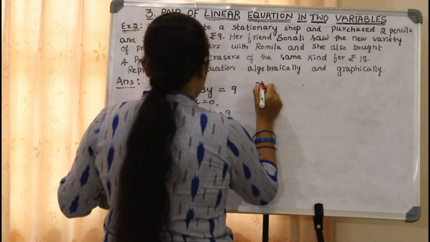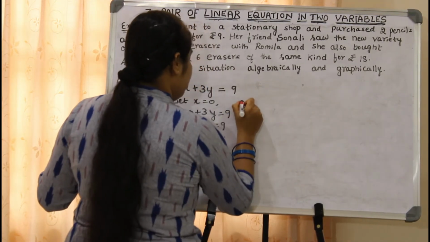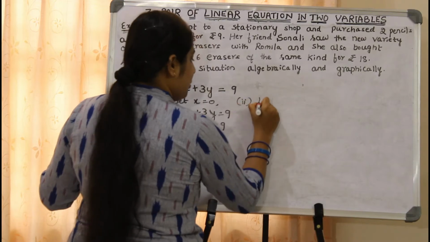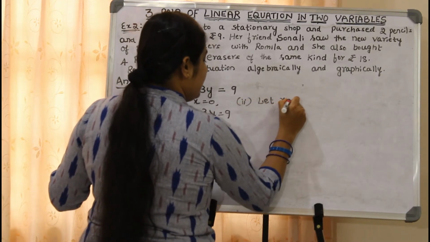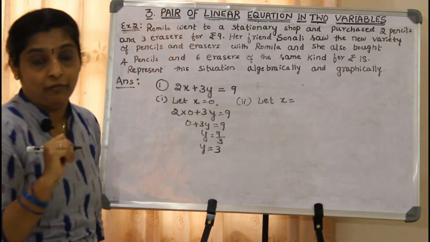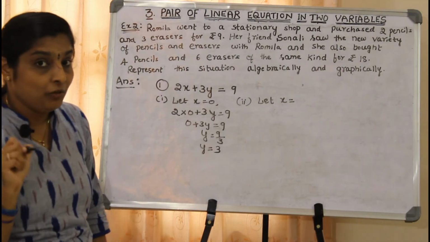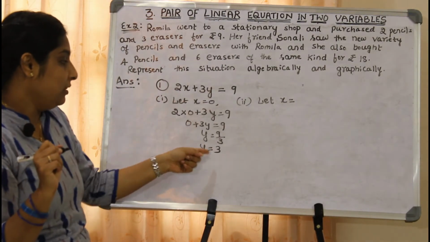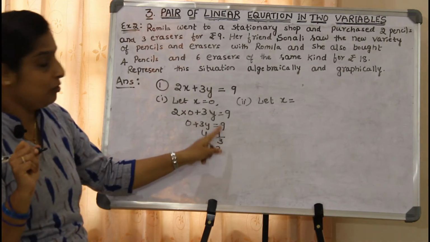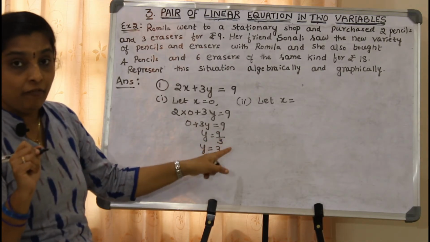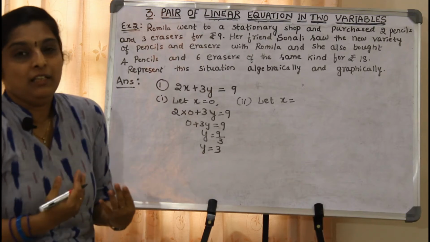Now the second value. Let x is equal to 4.5. Why 4.5? As I told you, the denominator I am getting is 3. So whatever the answer I get, if it is divisible by 3, it is easy for me to plot.